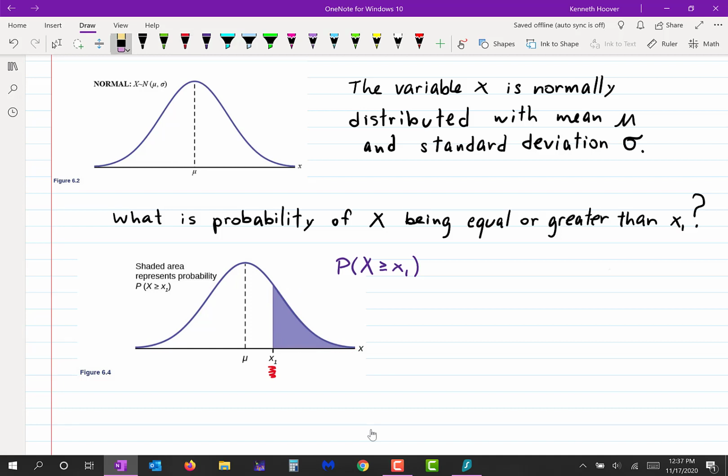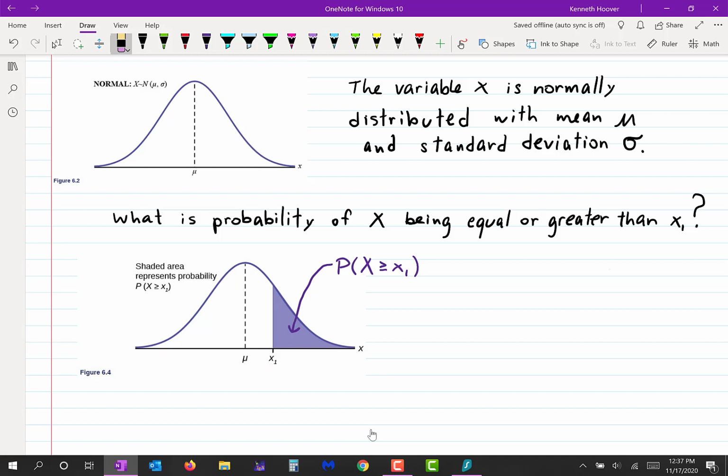That area is the probability that x is equal to or greater than this number. Okay? And if it just said greater than instead of equal to or greater than, then it would be the same answer. Okay?